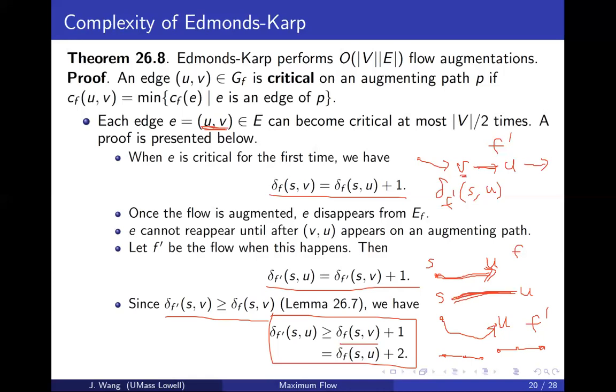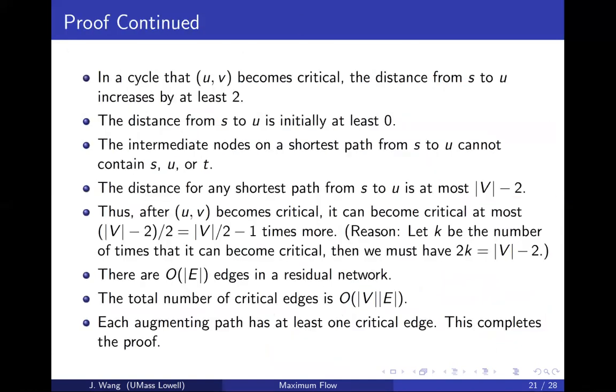U is intermediate, so we know it would be at most V minus 2 edges, because it doesn't count T. If it counts T, then it's V minus 1, because the longest you could have is when all the nodes are in it. There are V nodes, and then the edges will be V minus 1.